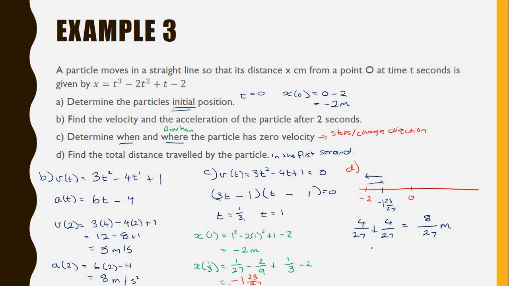If we wanted to know how far it travelled by the time we got to the second, then we'd have to see where is it after the second by substituting in t equals 2. Presumably it will be further to the left, because our particle, it travelled to the right briefly and now it's going to continue on to the left. It changes directions here as well, so it'll be heading back that way presumably.